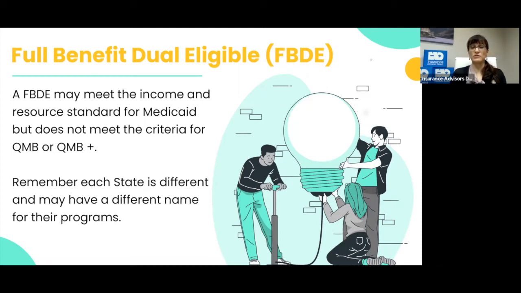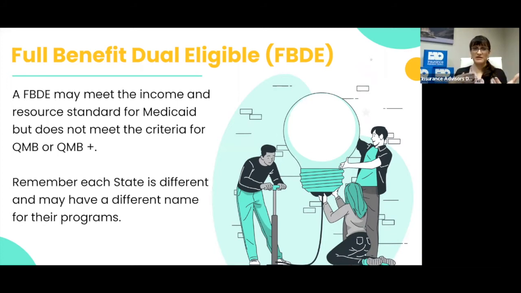So what's important for us as brokers is when you are looking at your dual special needs plans, an I-SNP plan, or even a C-SNP, they'll give you levels that they will consider for that D-SNP plan. Most of them are QMB, QMB plus, right?